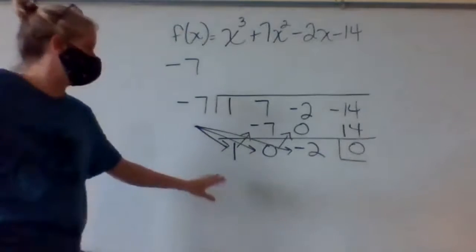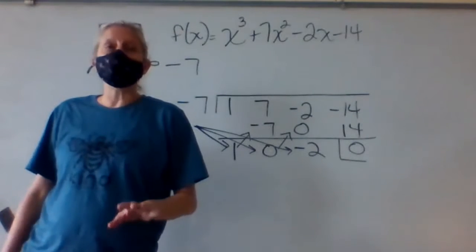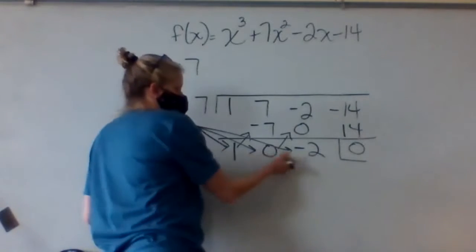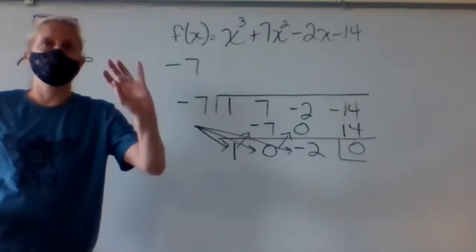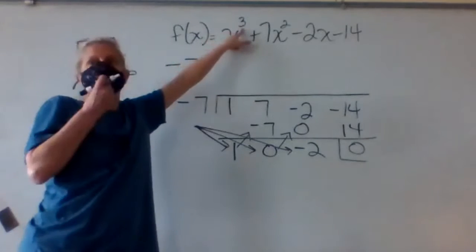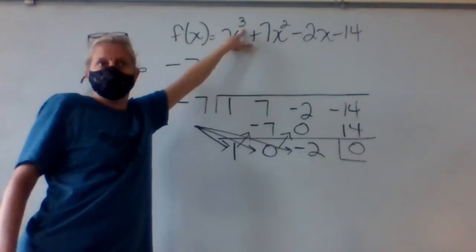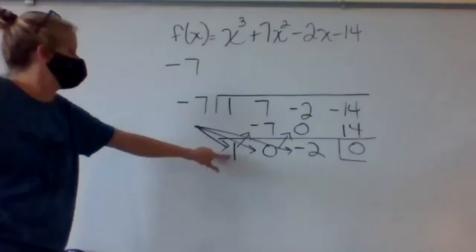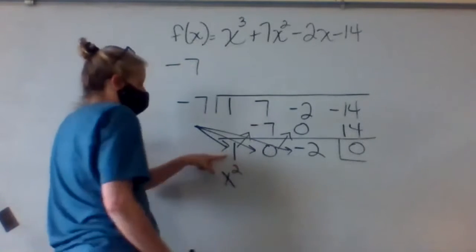But now I'm going to use this right here to find my other zeros. When I do synthetic division, these numbers represent what is left over as a polynomial function starting with 1 degree less than this. Which means the first term, this is its coefficient, so instead of 1x cubed it's going to be 1x squared.